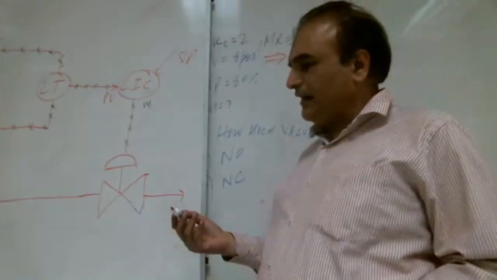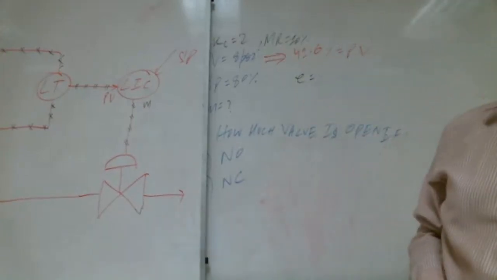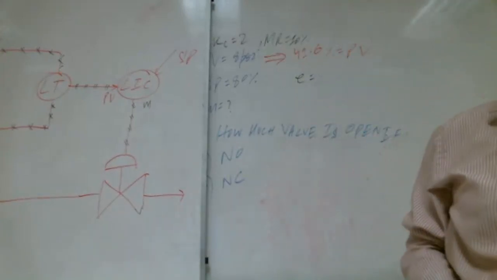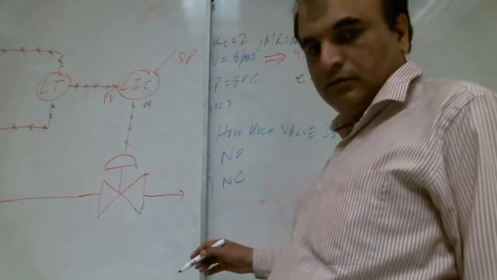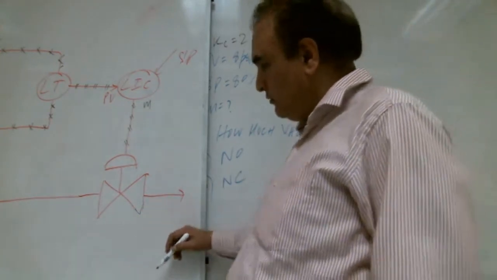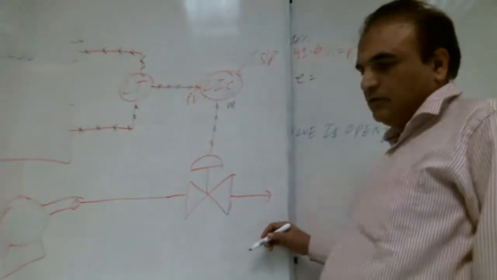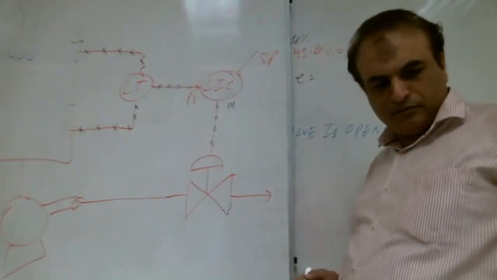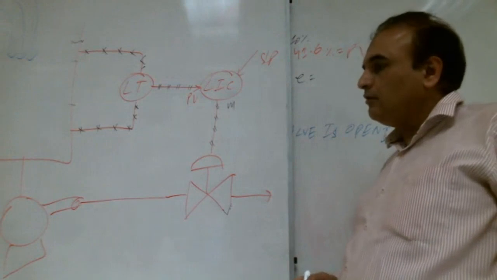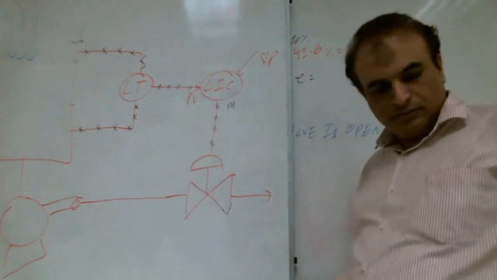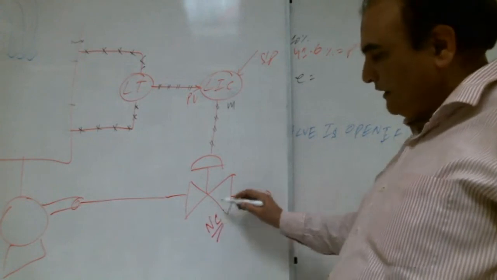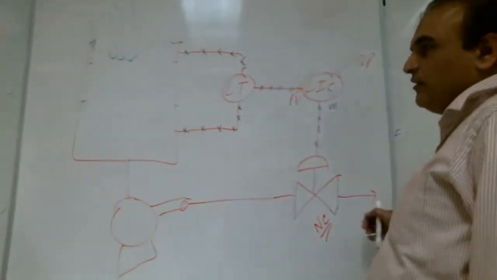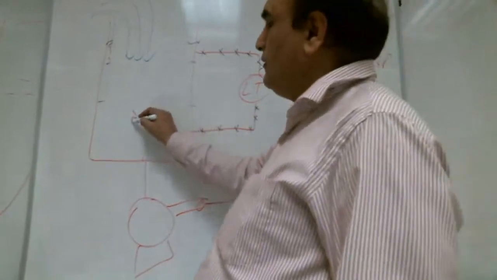So assume something is given, assume it is saying direct action. So direct action means what? Should the valve be normally closed or normally open? Take normally closed for example. Give me some SP and PV.